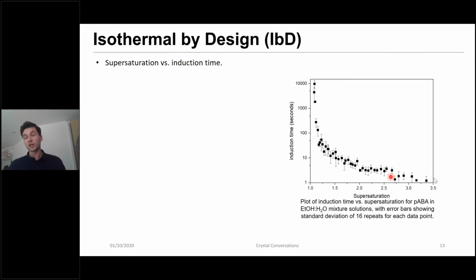Now I should point out, I was able to achieve higher supersaturations than what's shown here. It's just induction times were so fast, it just wasn't detectable. So if we had a system that might take months to crystallize, it shows that we can extrapolate quite a long way to potentially a more experimentally lab-based useful time frame.